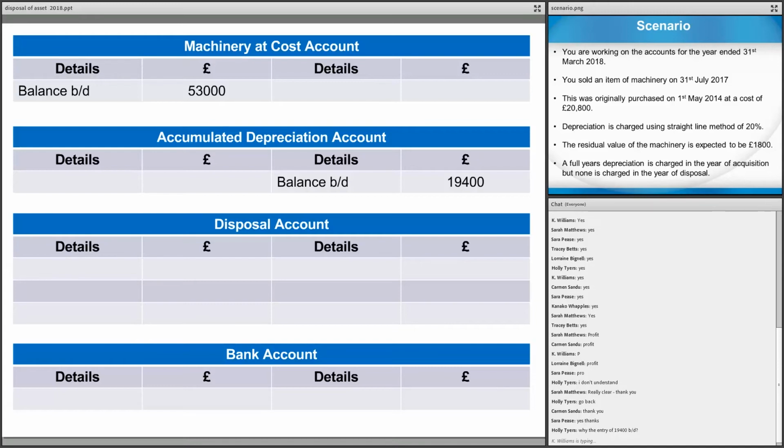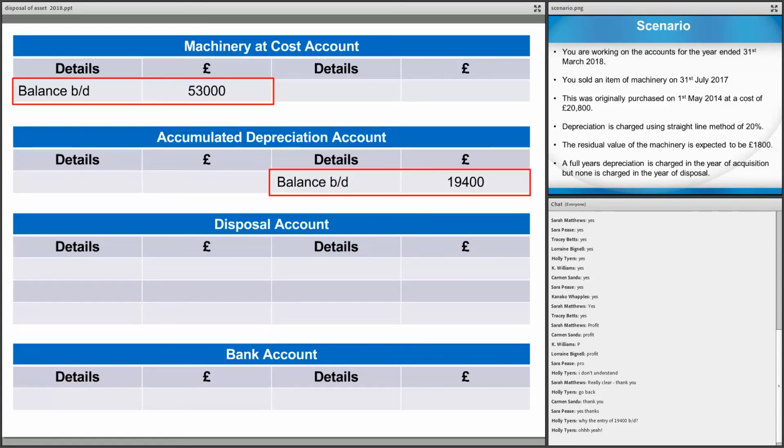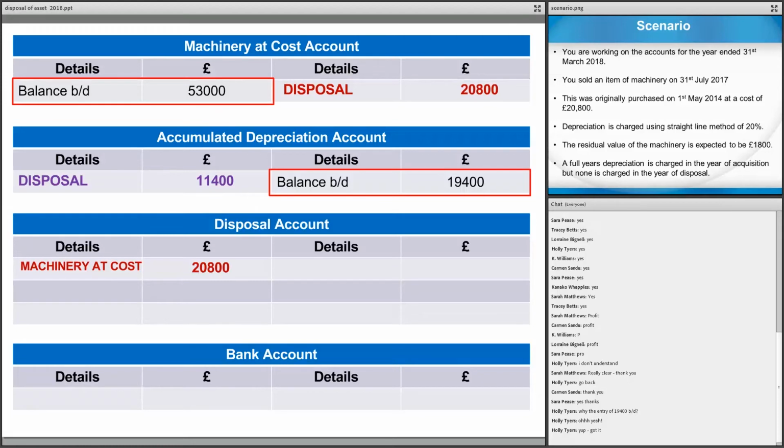That accumulated depreciation might refer to 3 assets, so 3 machines. This is not just one machine in that 19,400. However, the amount that I'm actually depreciating is based on one machine that we're disposing of, 20,800. So I'm reducing the accumulated depreciation account. Yep, got it. Brilliant.